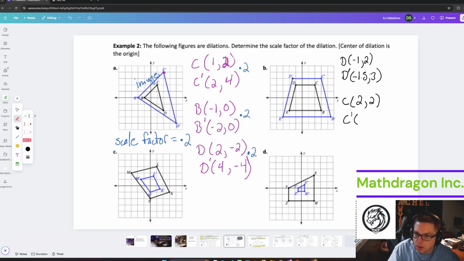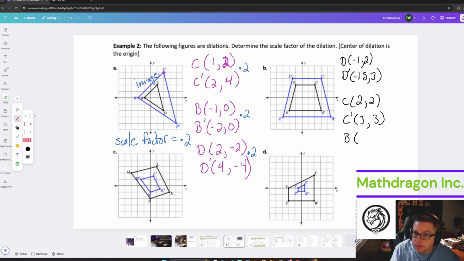And then C prime is going to be 1, 2, 3, 3. Okay, so far, not exactly what we're looking for. I can sort of see it, but you might need some more.